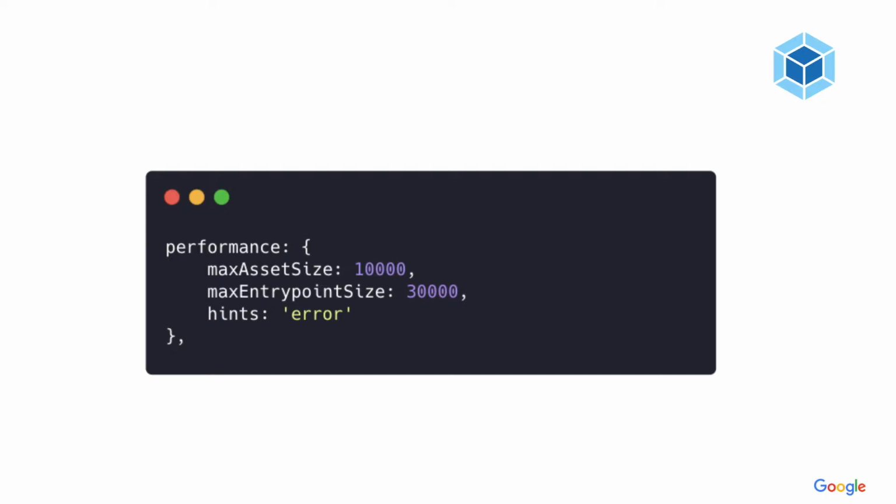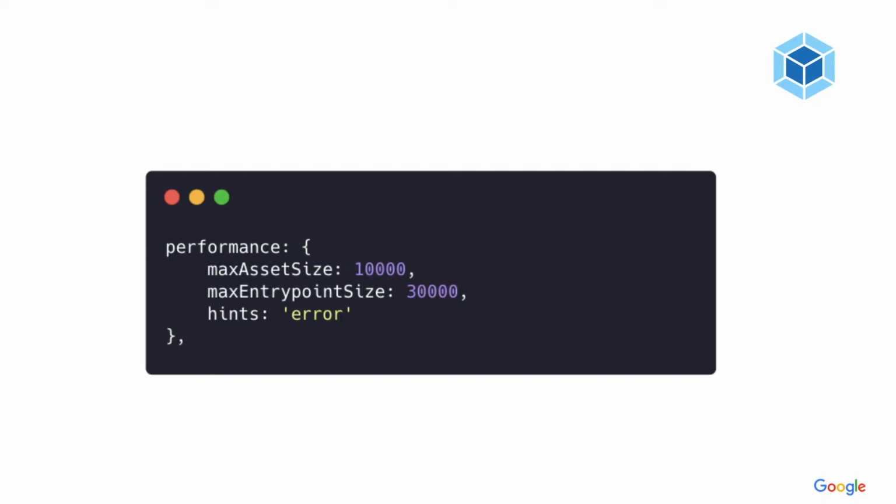And to do so, there are different tools. A tool that I want to present is Webpack. I'm sure that a lot of you are using Webpack. Built into Webpack, there is a way to configure it to emit errors or warnings when the performance of your app exceeds a certain threshold.